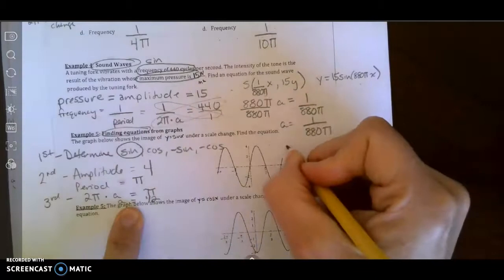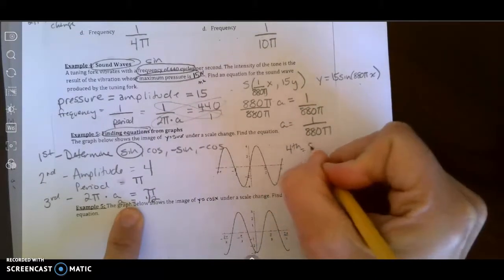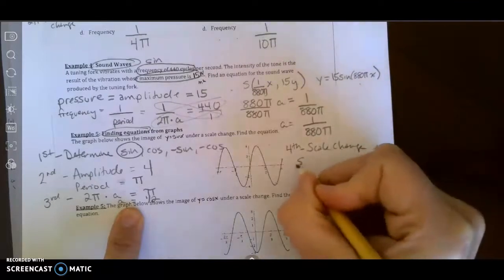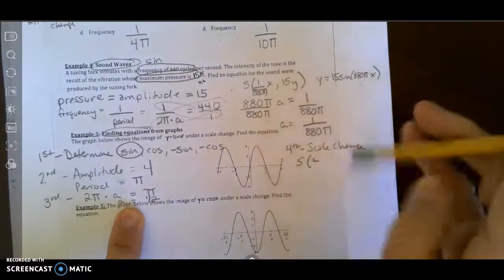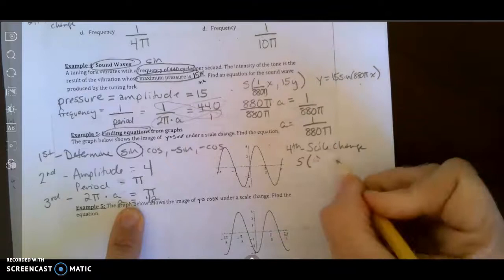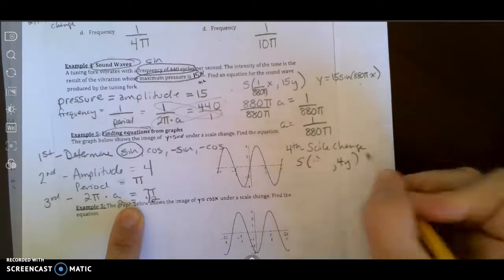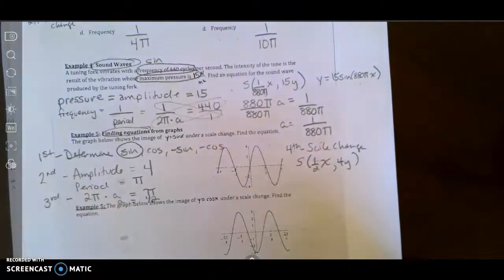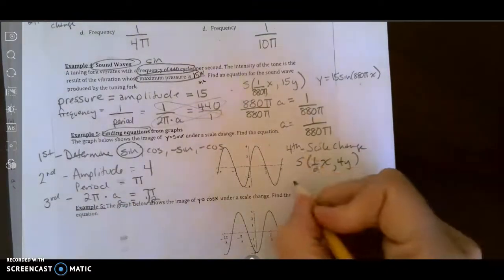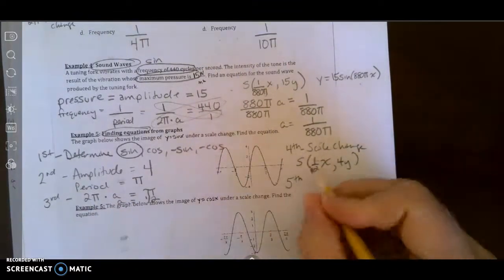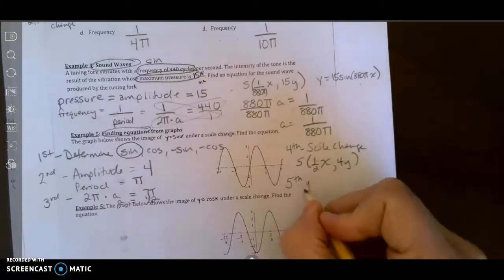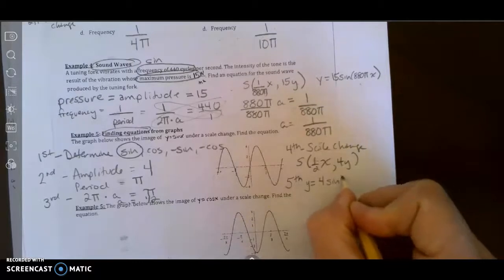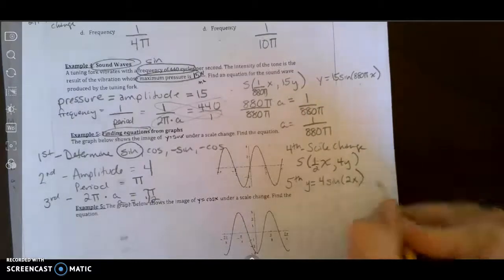So maybe my fourth step should be to write the scale change. 4, oh, not 4, that's for the y. I meant to write 4y and 1/2 x. And my fifth step then is to write the equation. y equals 4 times the sine of 2x.